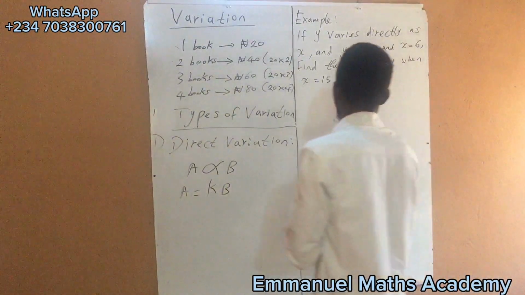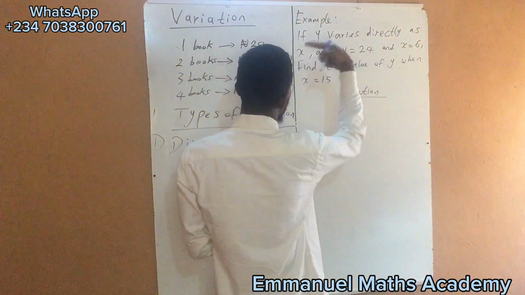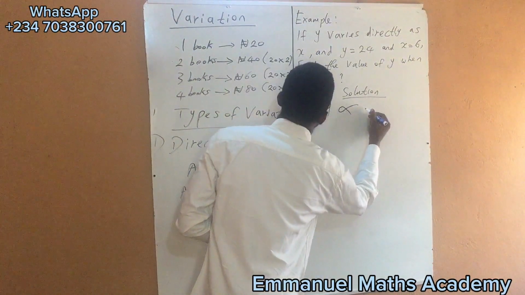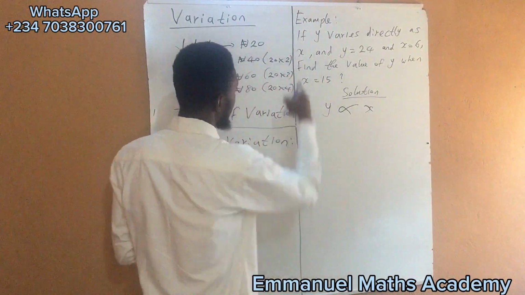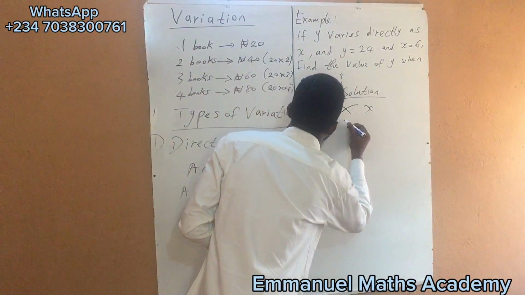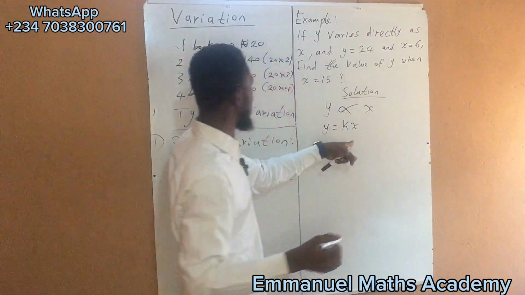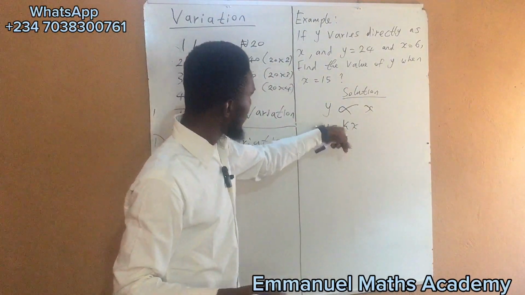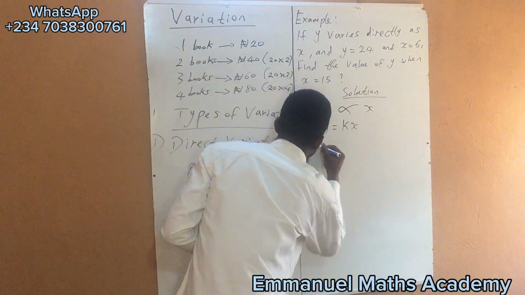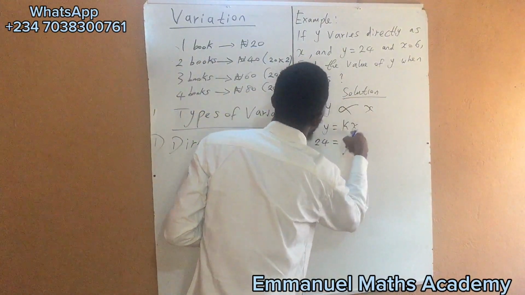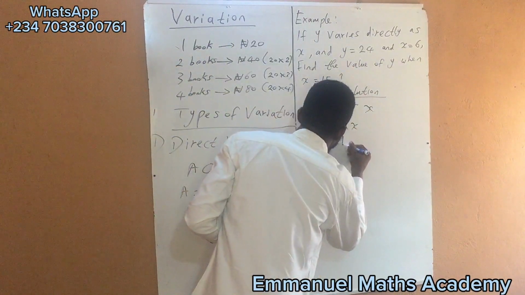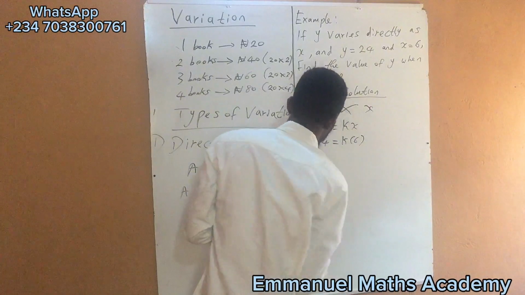It says Y varies directly as X. Then you have that Y is equal to KX. You introduce the constant. From here, our Y is 24 and our X is 6.